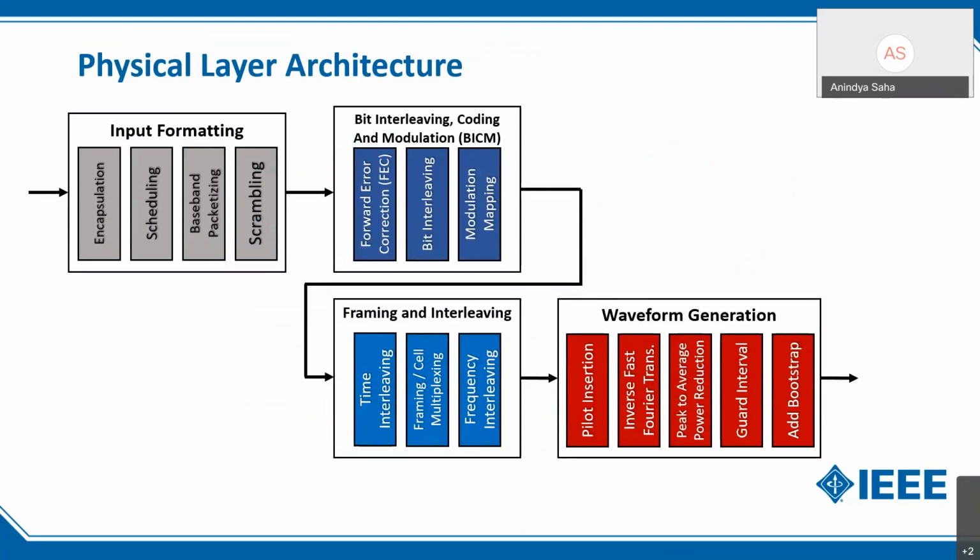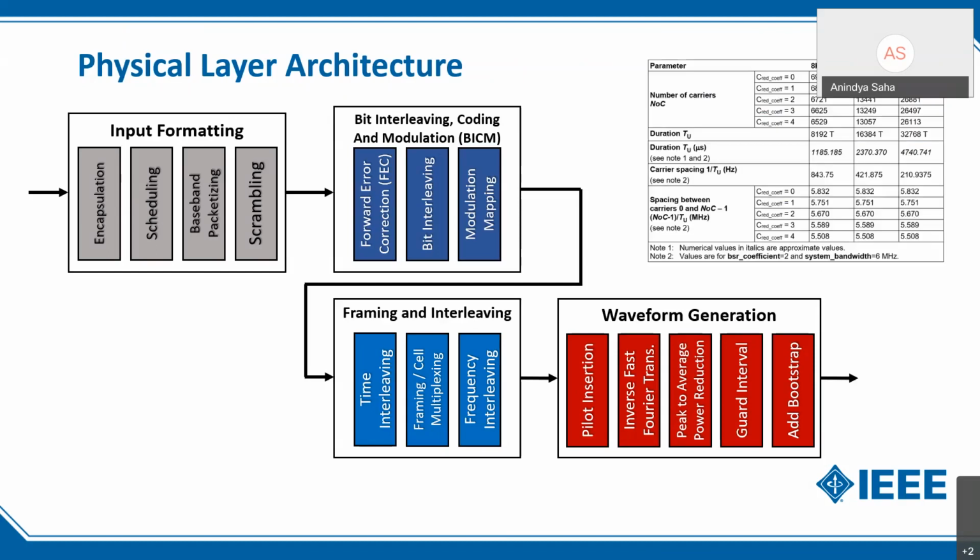Broadly, you can see there are 4 sections: an input formatting section, a bit interleaving, coding and modulation section, a framing and interleaving section, and the waveform generation. One of the important things I should tell before we start is that this standard is also OFDM based. I'm just flashing the kind of OFDM FFT sizes that are there. Let me show the cursor around so that you can see.